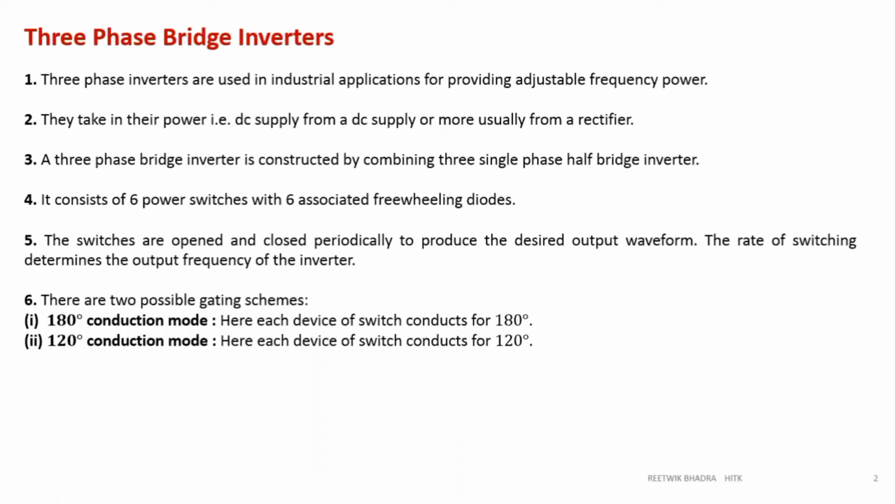If there's a resistive load, there's no need for a freewheeling diode; only the switches work. But generally the industrial loads are inductive, so we have to include those freewheeling diodes also. So switches along with freewheeling diodes complete our circuit. How many switches are there? 6 switches and 6 freewheeling diodes.